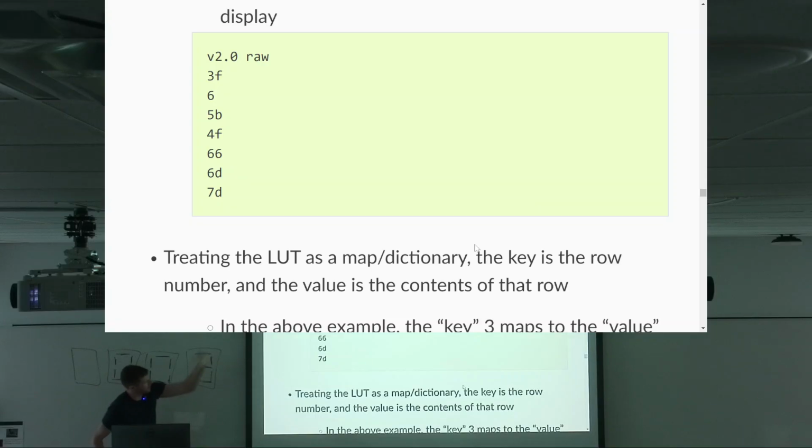And in it, you'll have stuff like this, right? So what values are in there? 3F, 6, 5B, 4, 6, or 4F, yada, yada, yada, right? There we go. So we can generate a hex file that looks like this. If we generated a hex file like this, we would have 256, well, 257 rows.